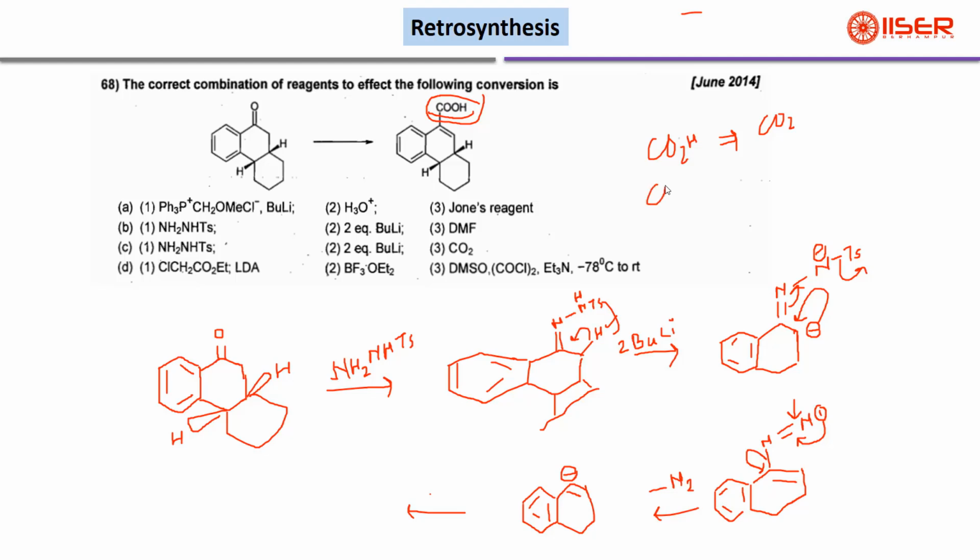Synthetic equivalent of CHO is DMF. It means to incorporate a CHO group we always use DMF. To incorporate a CO2H group we always use carbon dioxide.